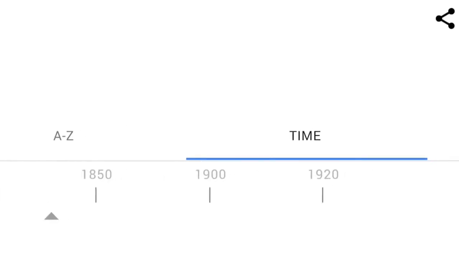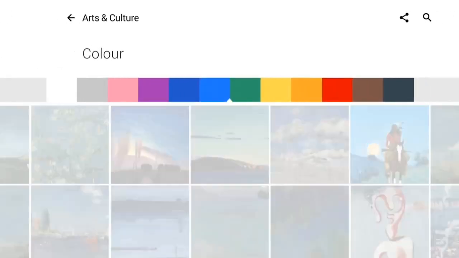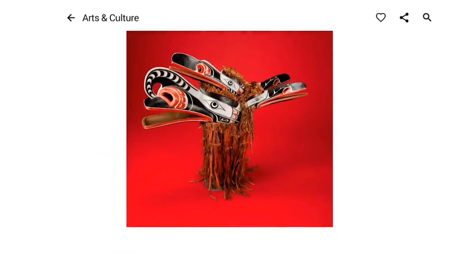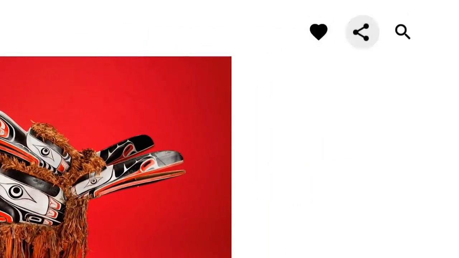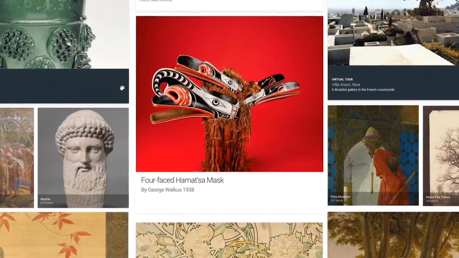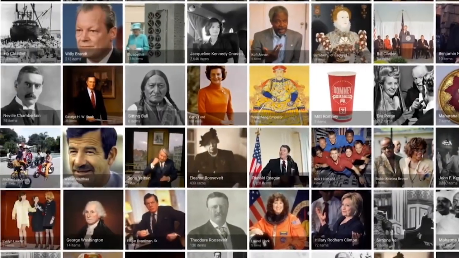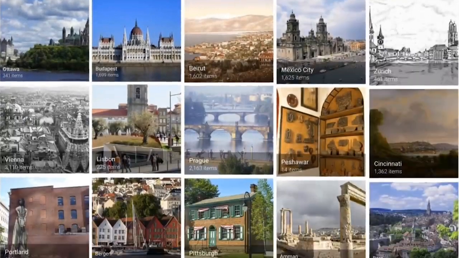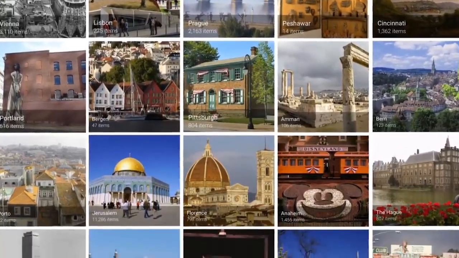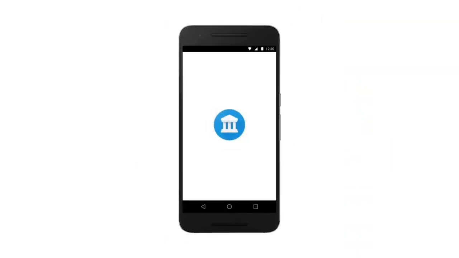Search by time or even color. Save your favorites and share them with the world. Explore more with Google Arts and Culture. Download the app and get inspired every day. Where will you start?